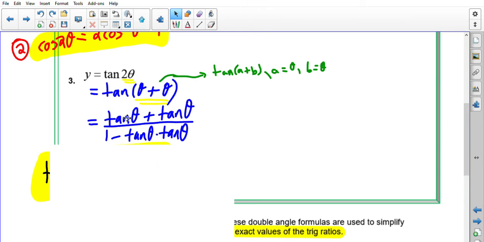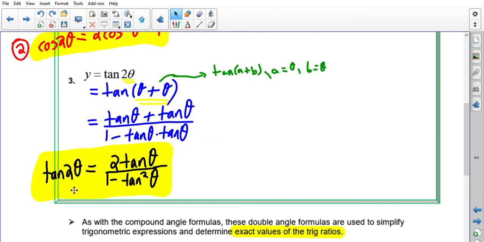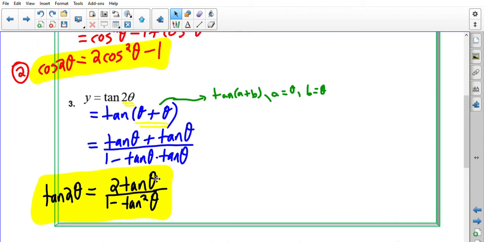So we're going to collect the 2 terms up top, so that's 2 tan theta, and then these 2 multiplied will give us tan squared theta. So again, just one variation for this one. So tan 2 theta is equal to 2 tan theta over 1 minus tan squared theta. All these are nice because it makes the k value 1 for all the trig expressions on the right side.